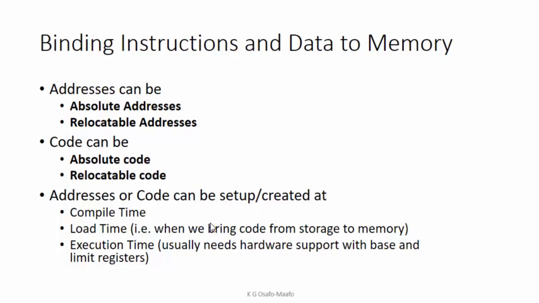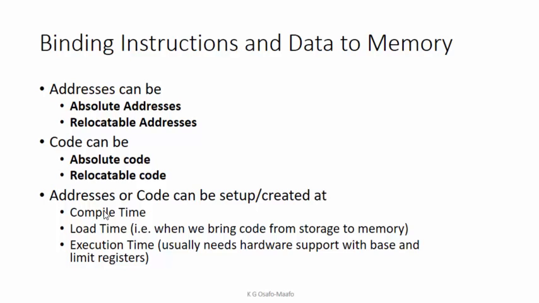Now, when it comes to code, so this idea of memory addresses, that means your variables, your code can be moving, and the question is, looking at how programs are created, what types of addressing is possible? Now, if someone says at compile time, this was supposed actually to say binding. Okay, so we're supposed to bind data.